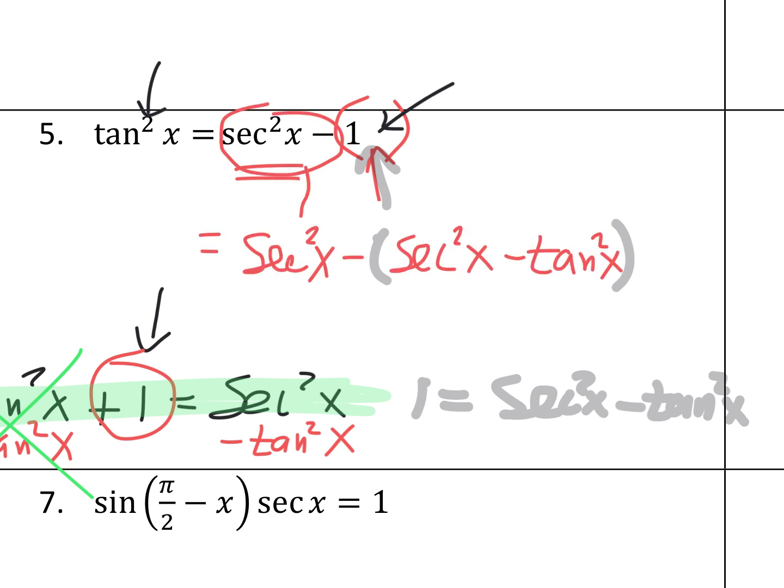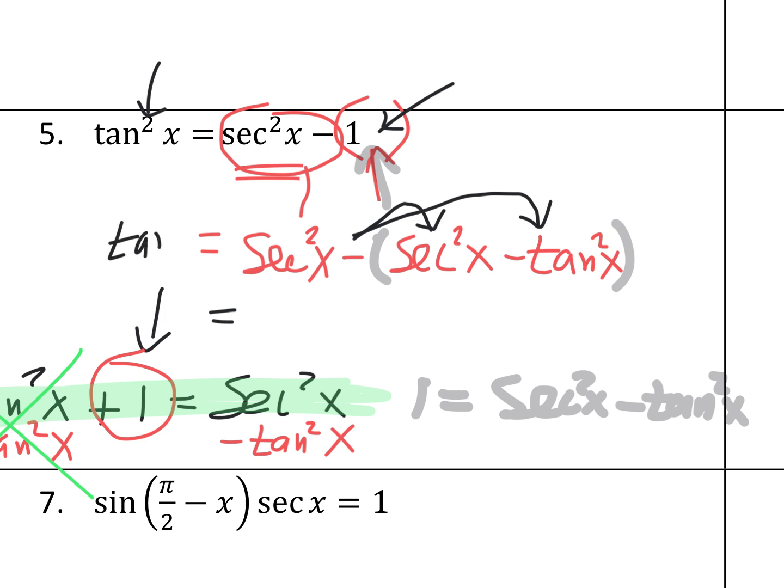Then, do you see how the secant and the minus secant are going to cancel each other out? Now, this negative here really gets distributed. Do you get that that's not negative tangent left, but the negative goes on to the negative tangent and makes it positive tangent? And that's what we wanted to happen.